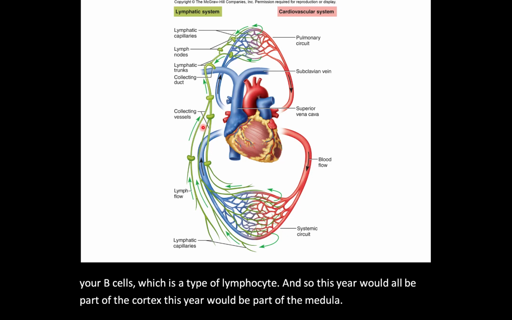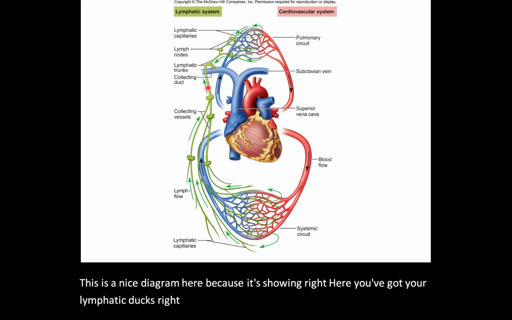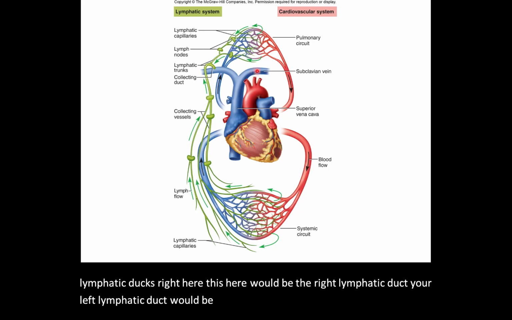This is a nice diagram because it's showing your lymphatic ducts right here. This would be the right lymphatic duct. Your left lymphatic duct would be on this side over here.